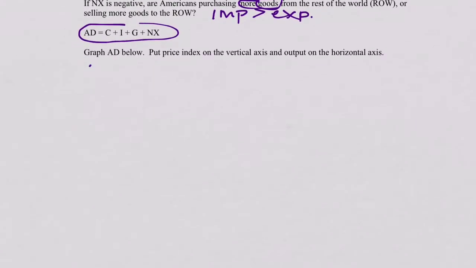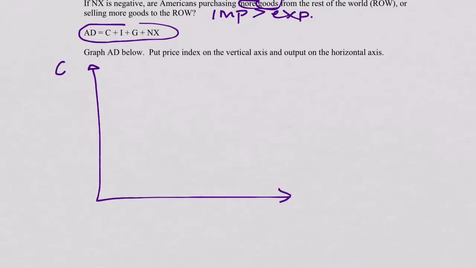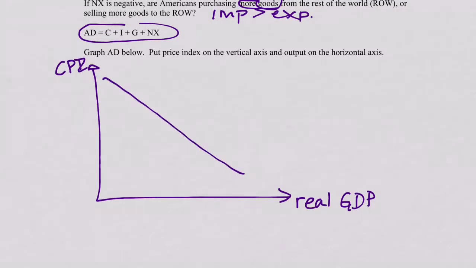So how do we represent this? We put our price index, let's go CPI here, or you could just write P for our price level. And we're going to represent this aggregate demand as our amount of real GDP, right? And we say it is downward sloping like all goods and services.